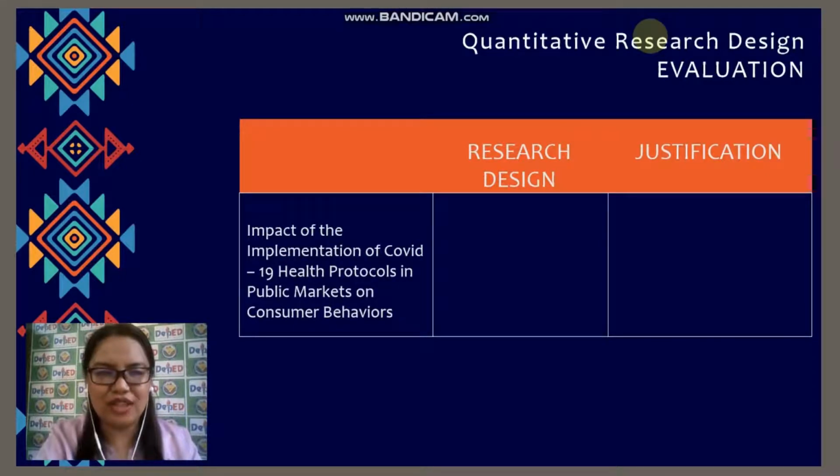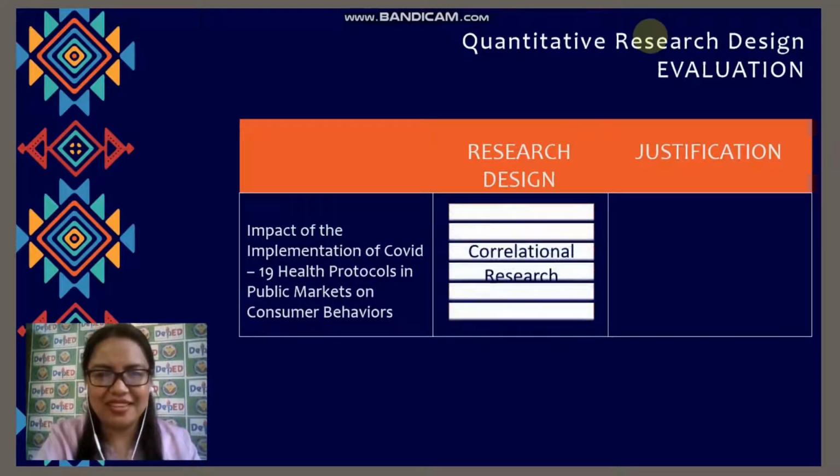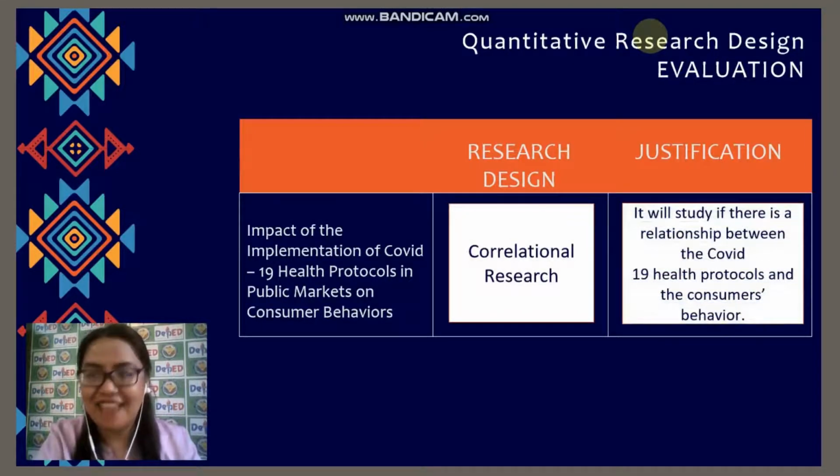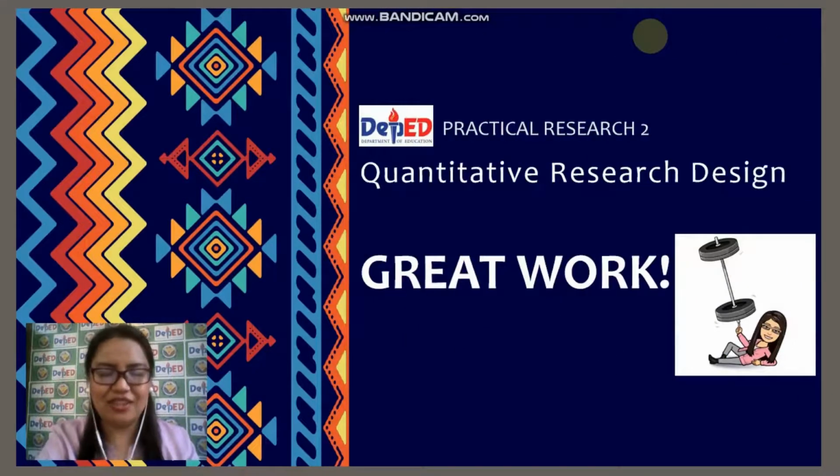The research design could be? Correct, correlational research. What about your justification? The answer is, yes, it will study if there is a relationship between the COVID-19 health protocols and the consumer's behavior. Great work! You have exceeded my expectations.